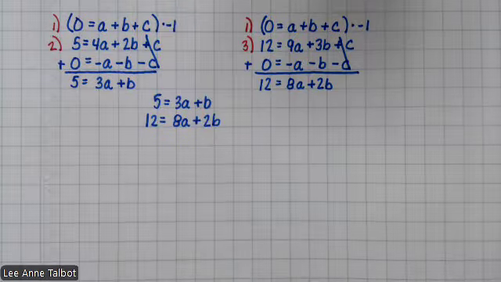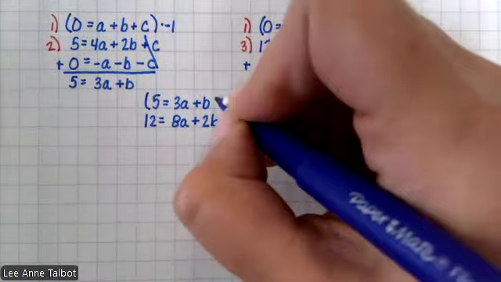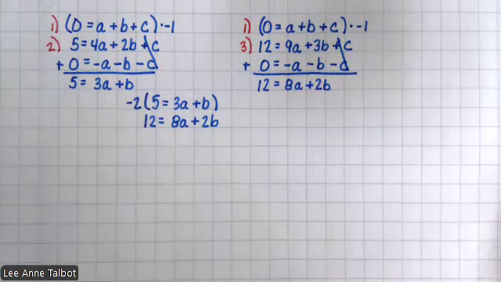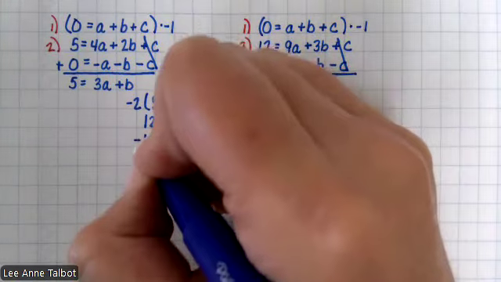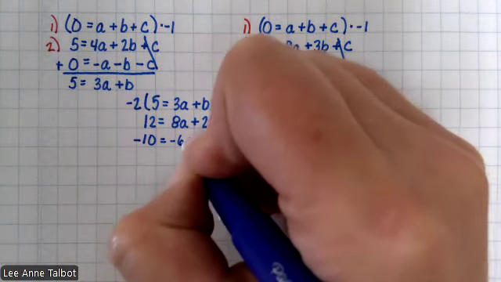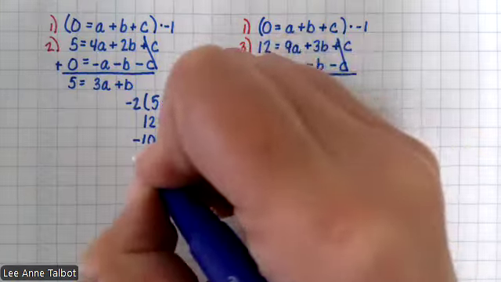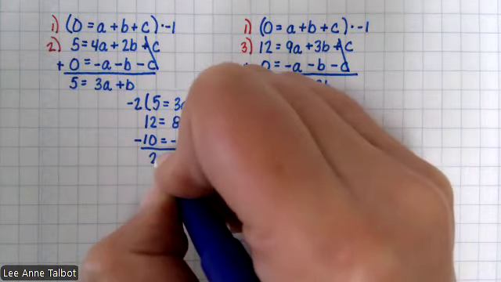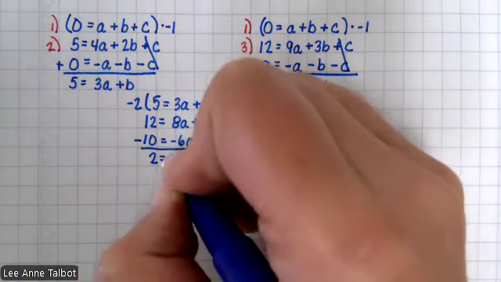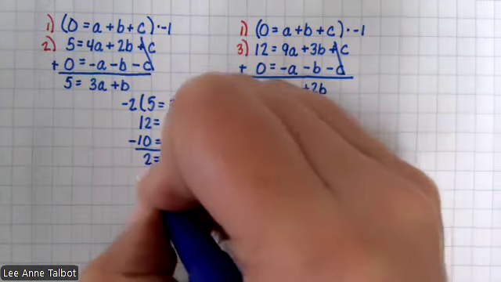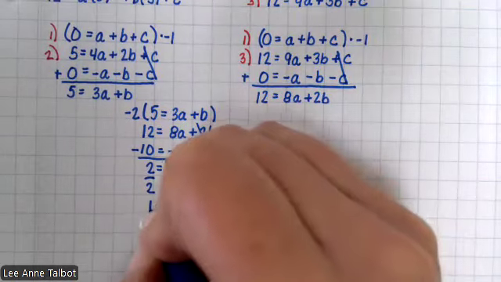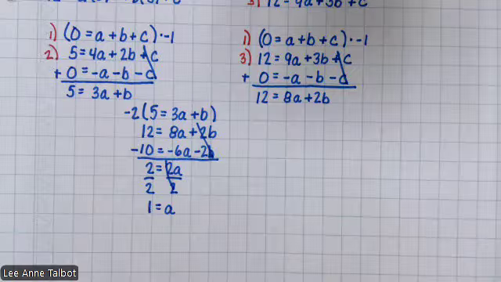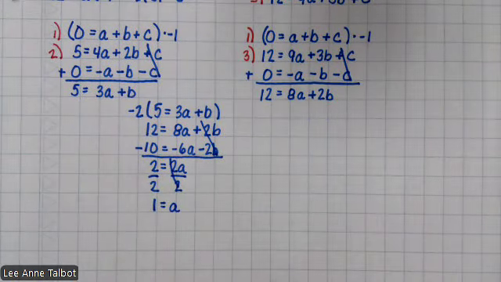How can I eliminate B? I'm going to do -2. Yay. Whole number.